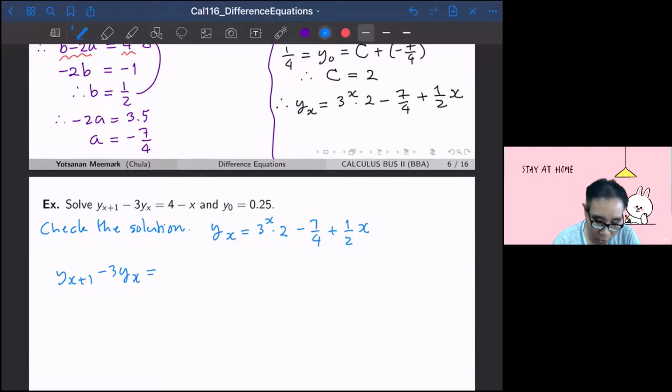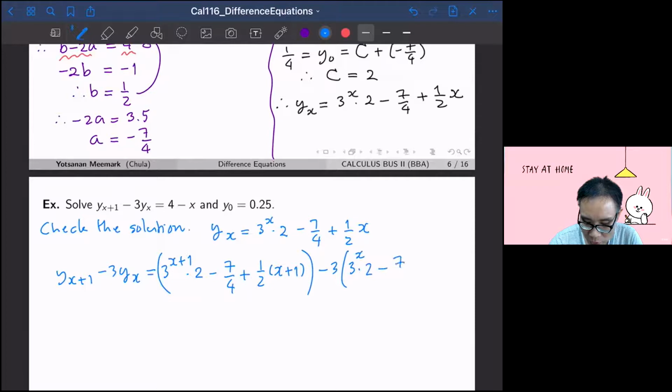So it's going to be 3 to the x plus 1 times 2 minus 7 over 4 plus 1 half x plus 1. Okay, so this is your first term, minus 3 times 3 to the x times 2 minus 7 over 4 plus 1 half x.